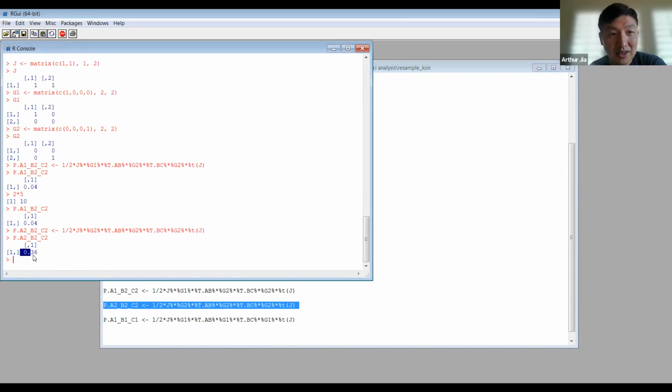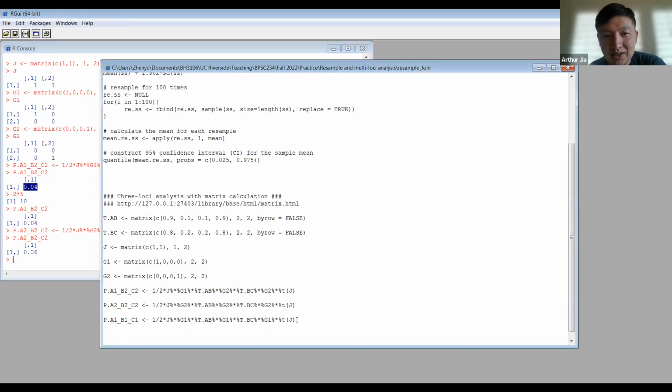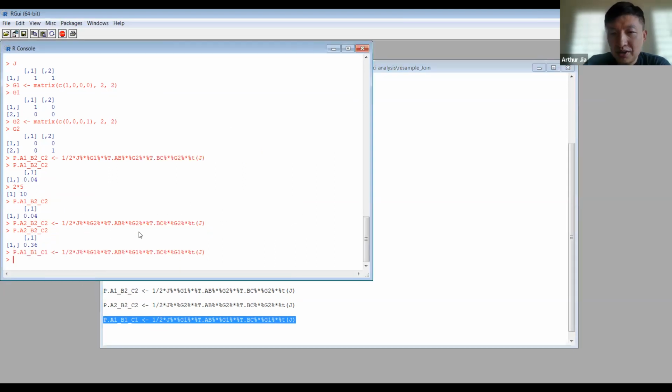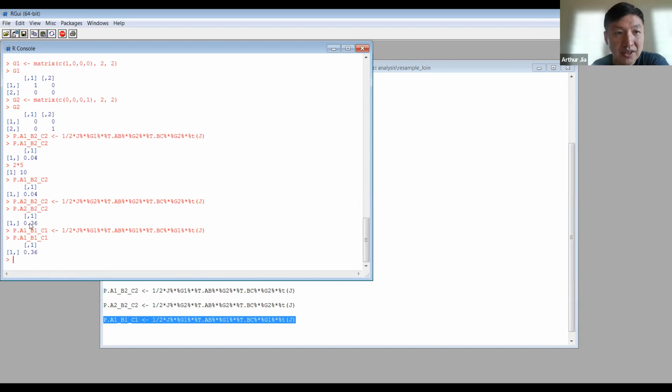So you can see the probability of this genotype is much larger than this one. That makes sense, right? The same thing here. This is symmetric. If you want to calculate the probability of this genotype, still there's no crossover, right? It will give you the same probability. They are symmetric. Does that make sense to you?